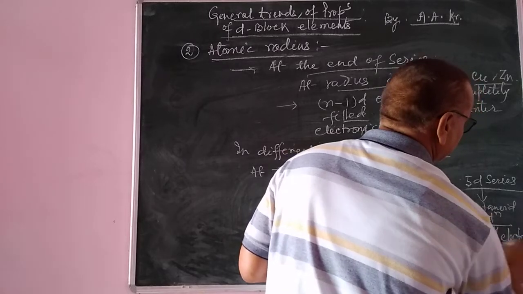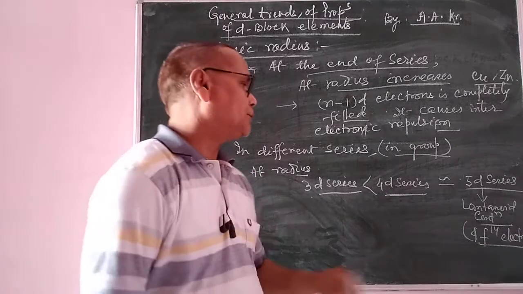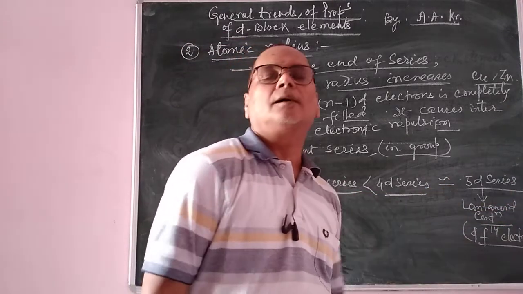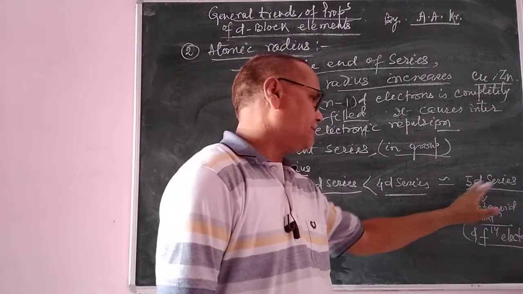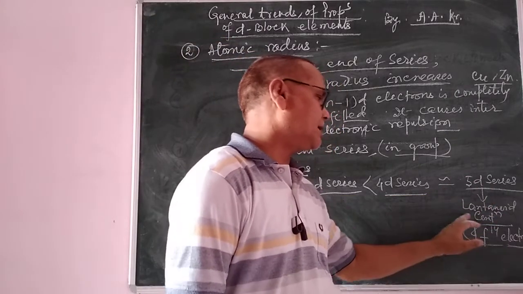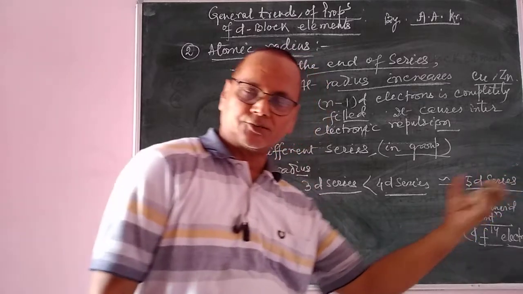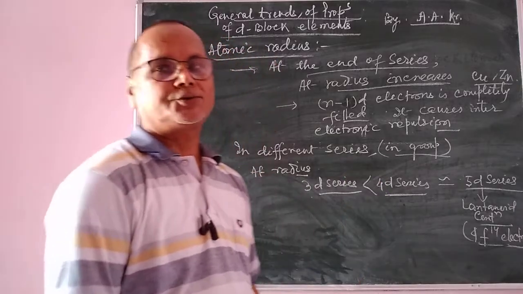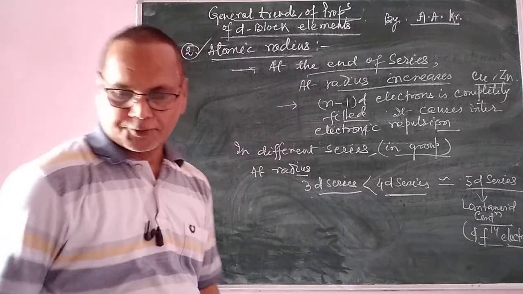The 4f electrons are filled in the 5d series just after the lanthanides. Due to lanthanide contraction, its size decreases and resembles the size of the 4d series. So this is the atomic radius.